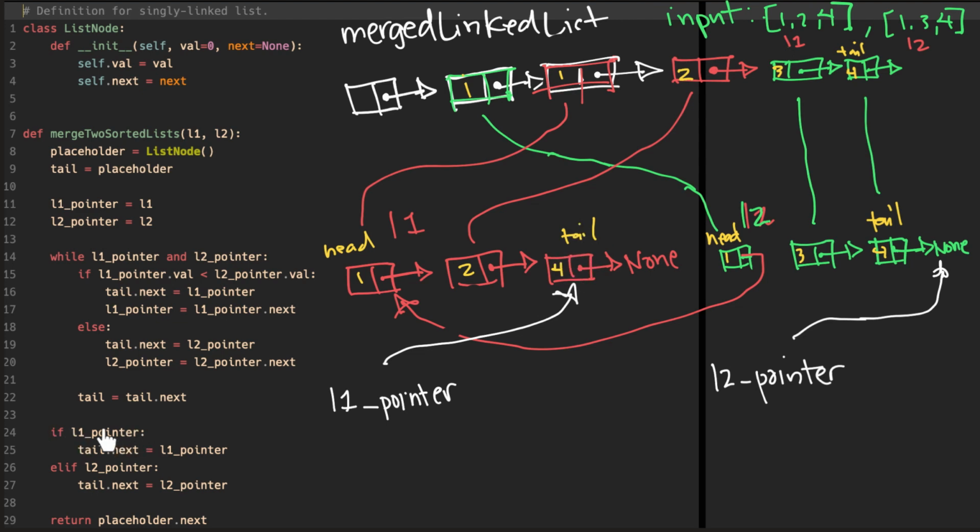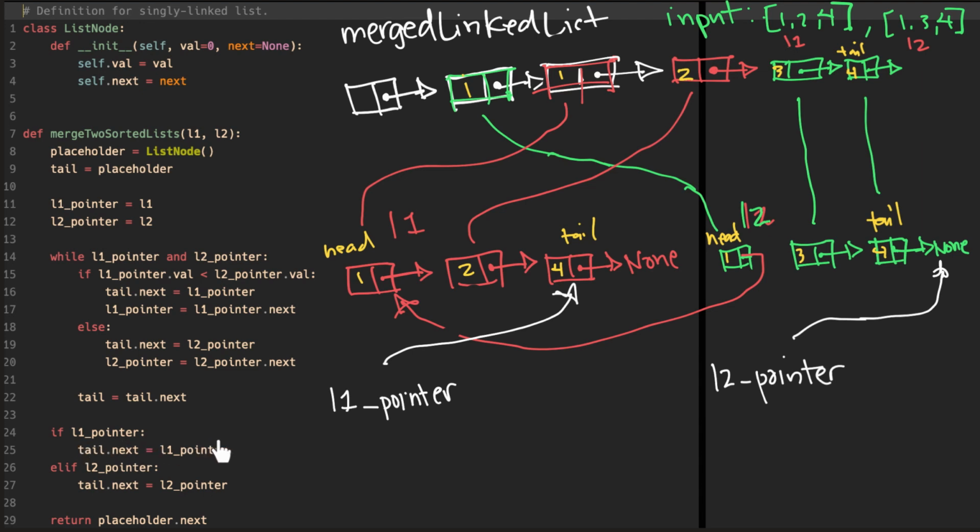So if L1 pointer will resolve to true. But the same is for L2 pointer. If the case were that this list was finished and this one wasn't, this condition would be the one that we execute the code within. But in this situation, it's going to be if L1 pointer has an item still, but L2 pointer is pointing to none. So we're going to set tail.next equal to L1 pointer.